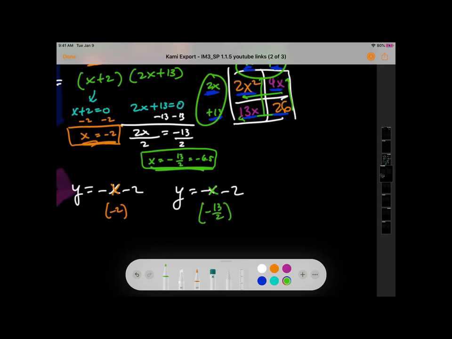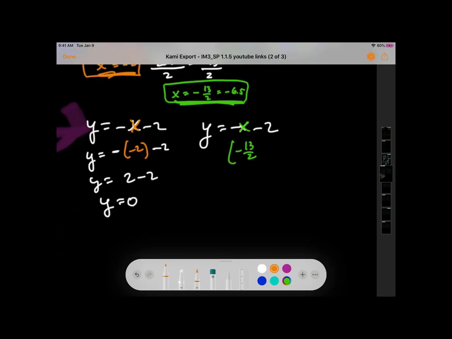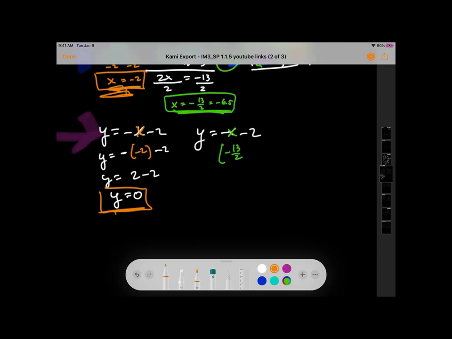Alright, so over here I have y equals negative negative 2, so the opposite of negative 2 gives me 2 minus 2, that would equal 0. So the ordered pair I have from up here is negative 2, 0.